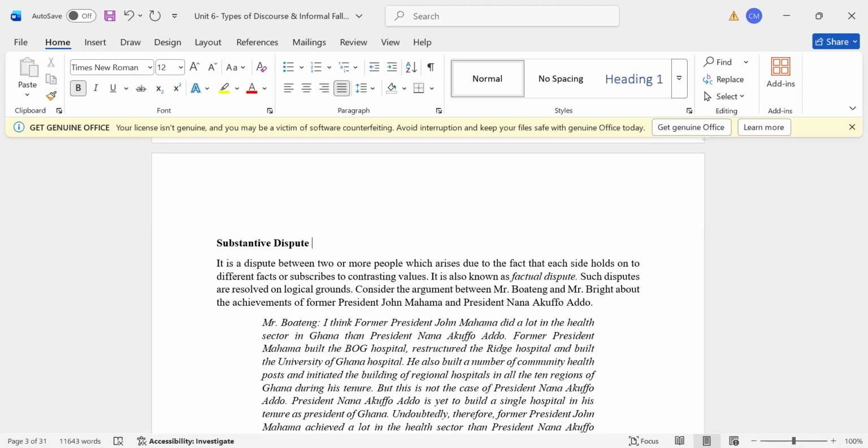You analyze the facts and come to the conclusion that the facts of A are more appealing to the mind than the facts of B. And therefore, A is a winner in this particular case, or B contains the facts that must be supported.